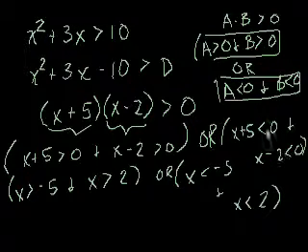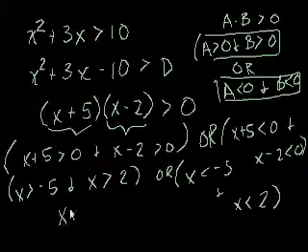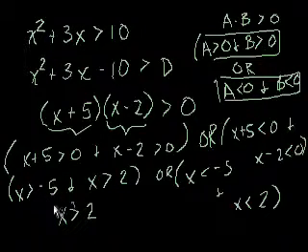I just solved both of these inequalities right here. Now we can actually simplify this, because here we say that x is greater than negative 5 and x is greater than 2. So in order for x to be greater than negative 5 and greater than 2, this could just simplify as saying, well, x is just greater than 2, right? Because if x is greater than 2, it's definitely greater than negative 5. So it just simplifies to this.